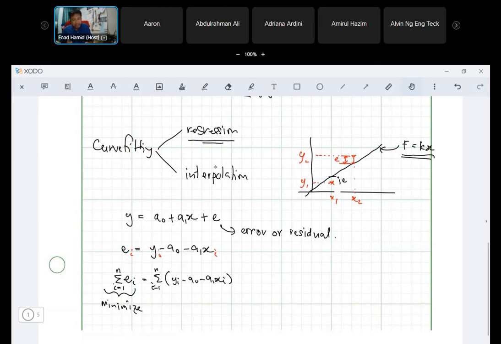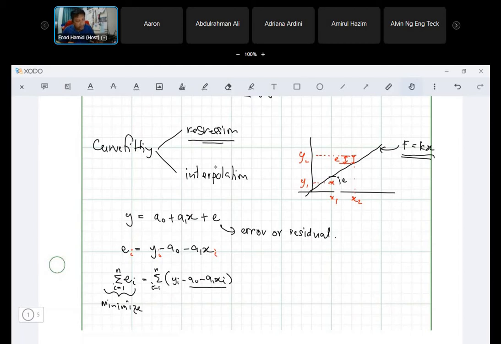In this case, my y is below the line, which means this is smaller than the model, and it will become a negative error. The problem is we have a negative error here and a positive error here. It might cancel out, and we cannot get the correct representation of the model because of the cancel out effect. So what we want to do is either to use this.